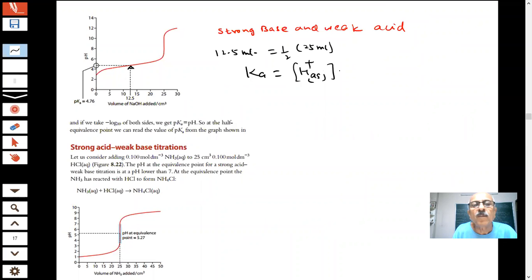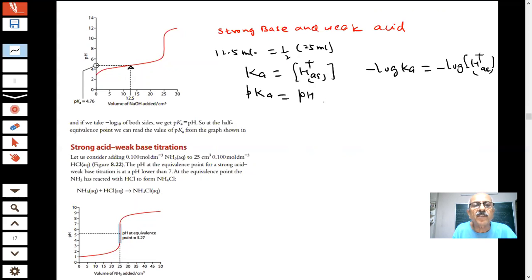If this is the value, then what will be the pKa? If I take the minus log of Ka, then I will also take the minus log of H plus. Okay? What is this? pKa is equal to pH.